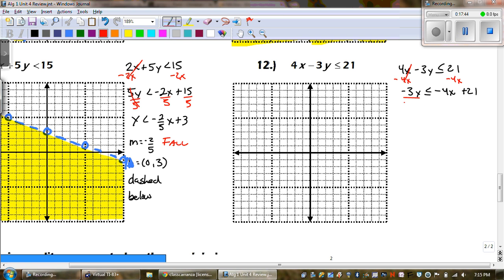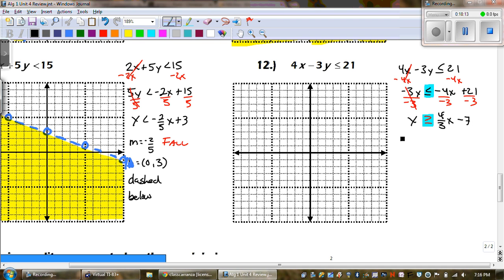Now to solve for y, what do we need to divide by? I already wrote it. We're dividing by negative. Okay, so we have to flip that sign. So it's going to be greater than or equal to. Negative divided by negative is a positive 4/3 x. And 21 divided by negative 3 is negative 7.